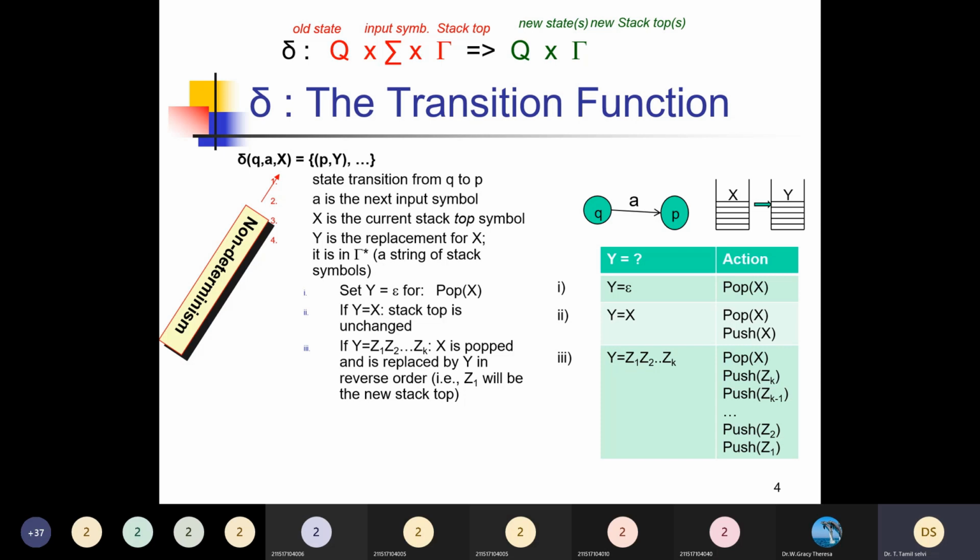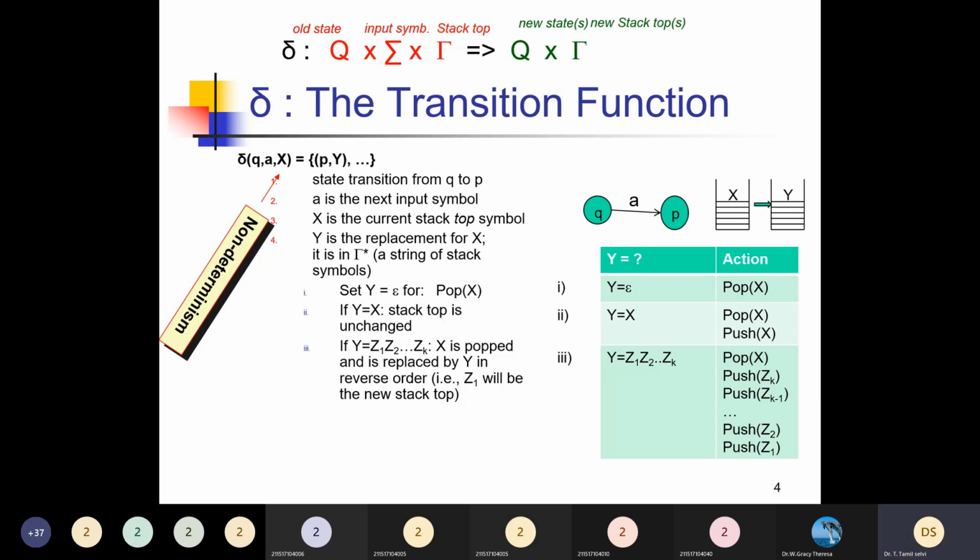It will give the next state. Here p is the next state, and y is the top of the stack after performing the push or pop operation. You have to mention the top of the stack also in the output of the transition function. Is it clear? Don't forget, the transition function accepts three parameters as input and generates two parameters as output.